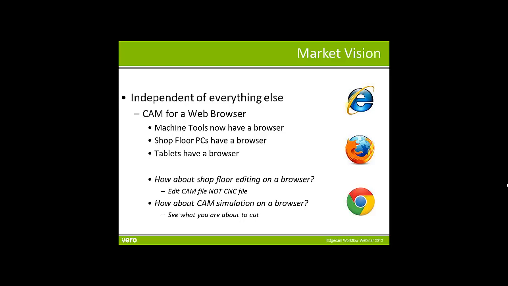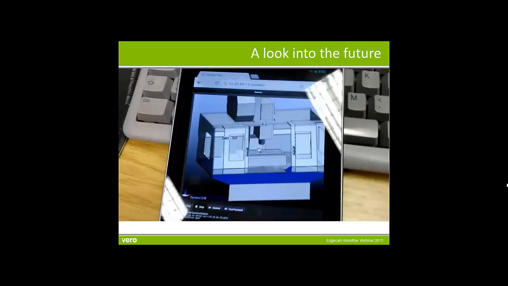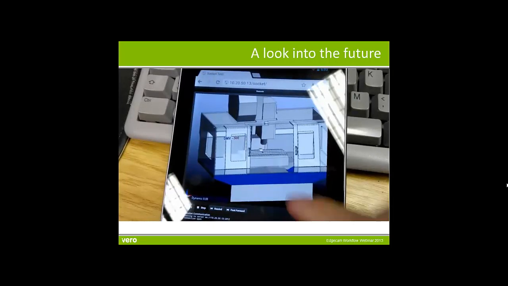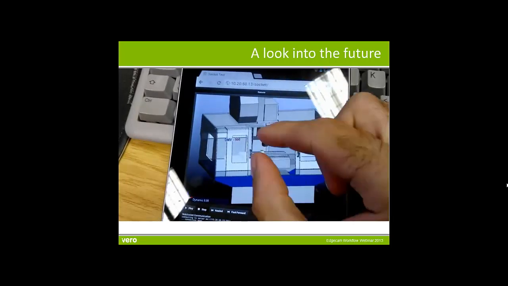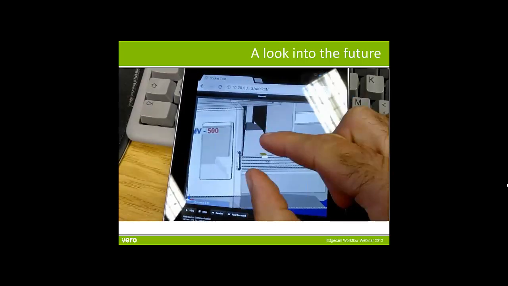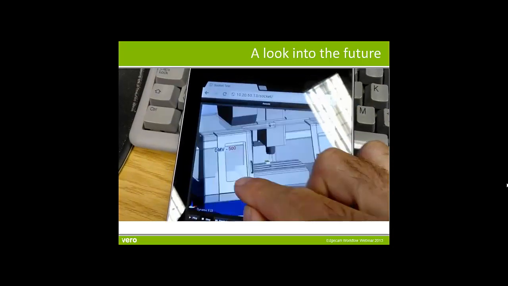But after you've done an edit, or maybe you've just received a CNC file, how about having CAM simulation on a browser, allowing you to see the manufacturing process that is about to start on the machine tool? In this area, we have been doing some R&D. And here is a small Nexus. And here you can actually see the Edgecam simulation working on a tablet device.